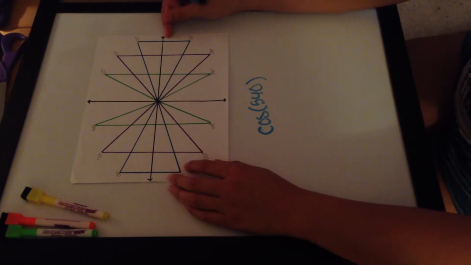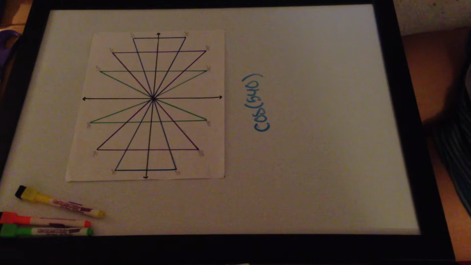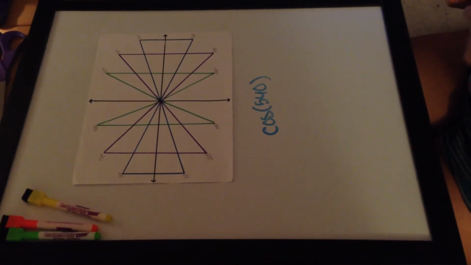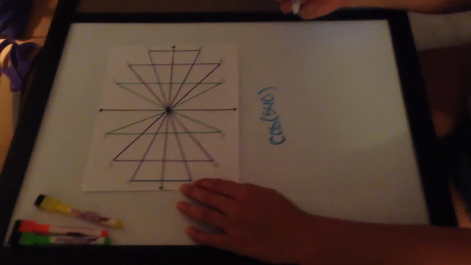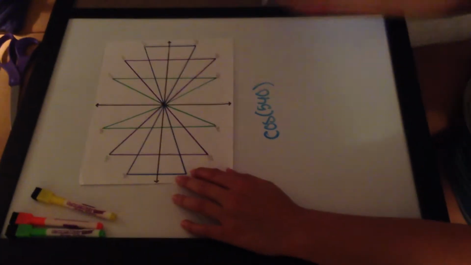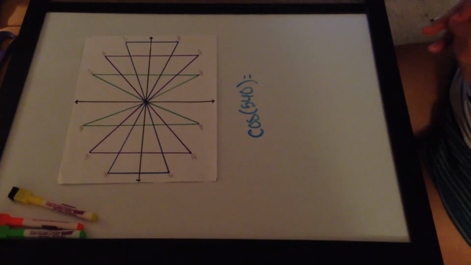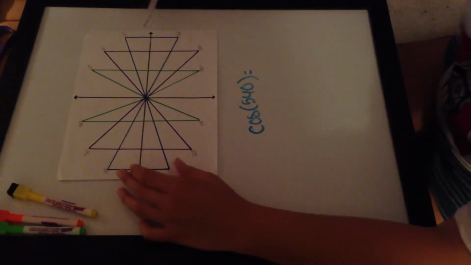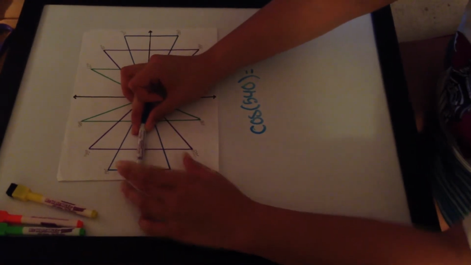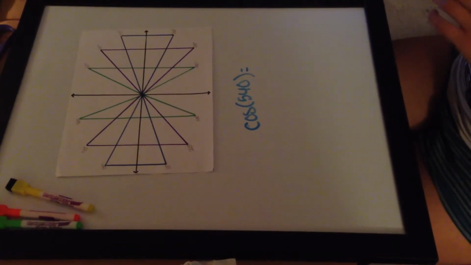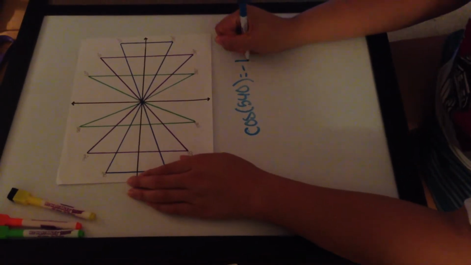And so we would have to see 540 minus 360, and so then that's going to be 180, and okay, so if you go along here, go here, your cosine value is going to be a negative 1.